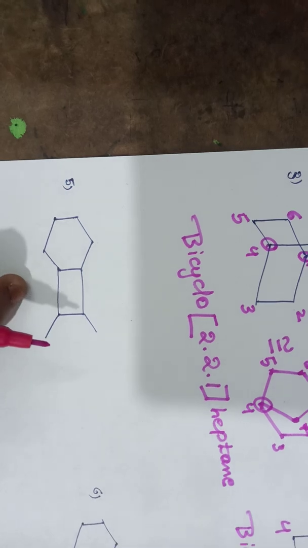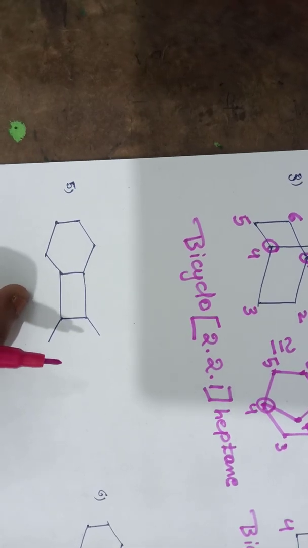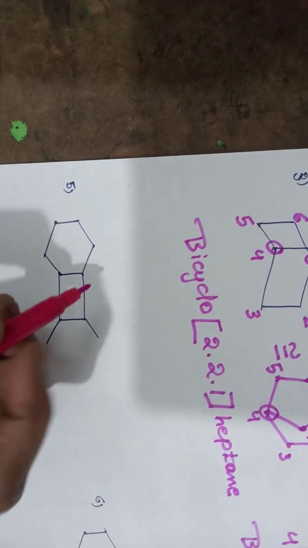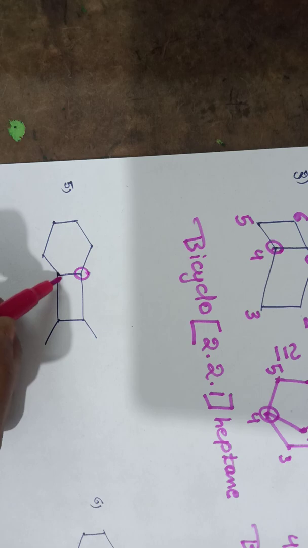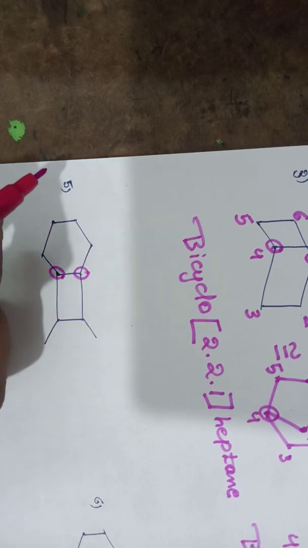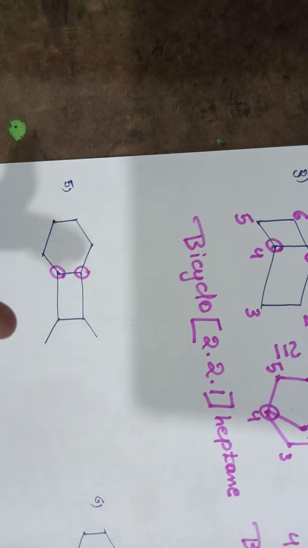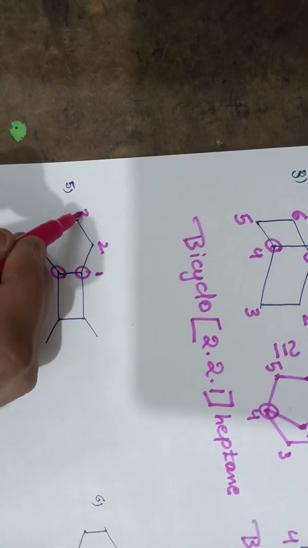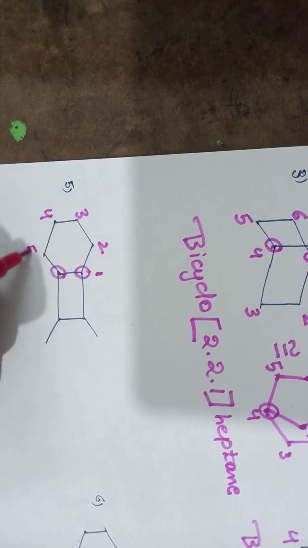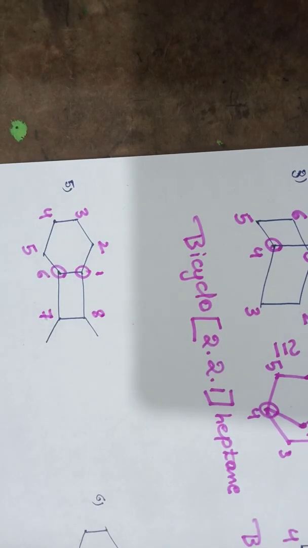Okay, now I am taking some more difficult ones. That means I have added some substituents. Here first we have to identify the bridgehead carbons. These 2 are bridgehead carbons. Then go for the numbering. As this is a 6-membered ring, the preference gives to 6-membered ring. 1, 2, 3, 4, 5, 6, 7 and 8.